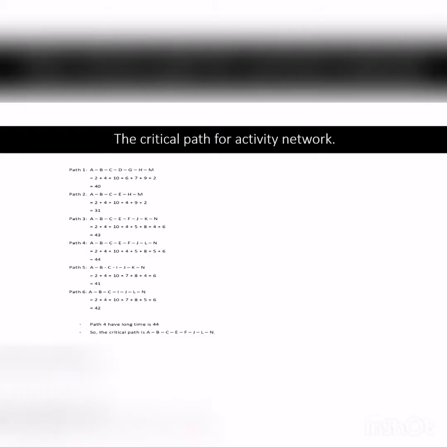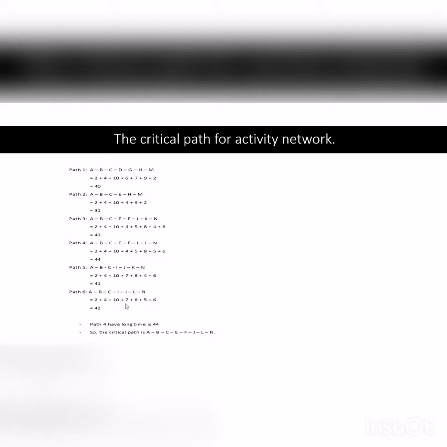So the next slide is the critical path for the activity network. There are six paths for the activity network. Path 1 is 40, path 2 is 31, path 3 is 43, path 4 is 44, path 5 is 41, and path 6 is 42.